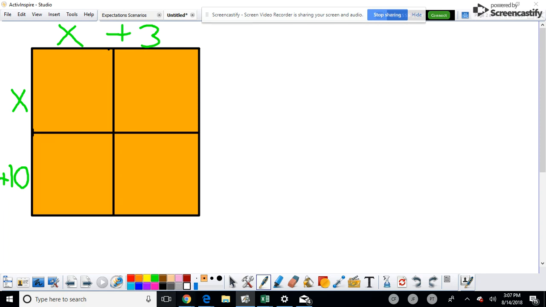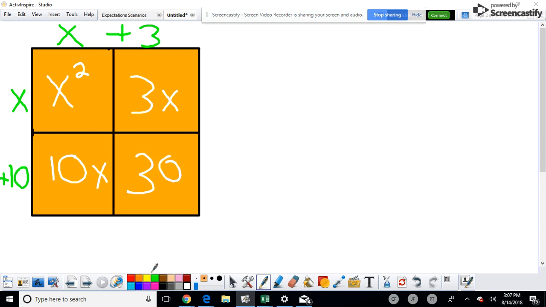Using the box method, we get x squared here because we did x times x. Then x times 3 is 3x, 10 times x is 10x, and 10 times 3 is 30. We put our equation together.